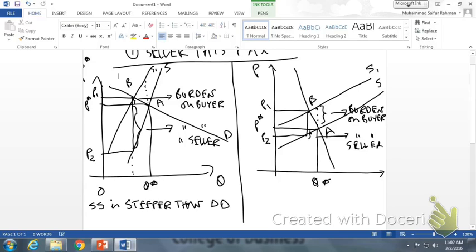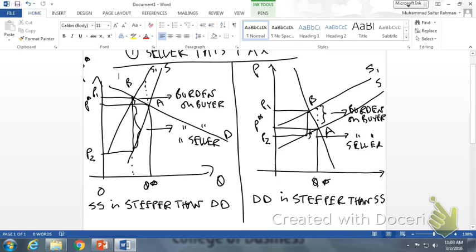This is the case where demand is steeper than supply.